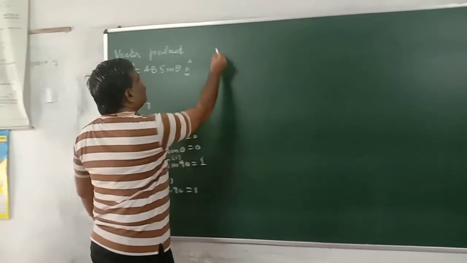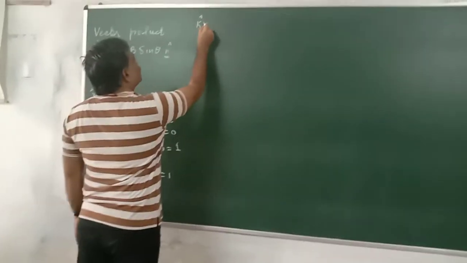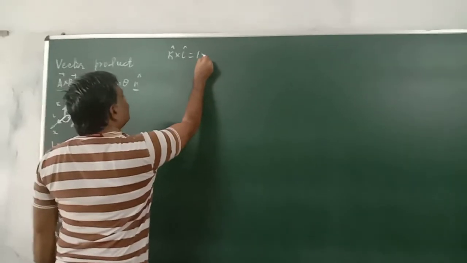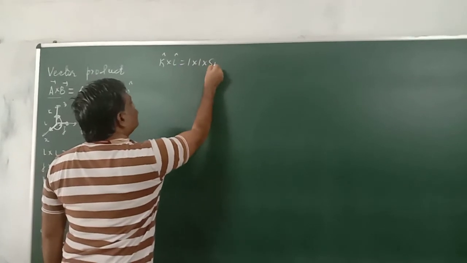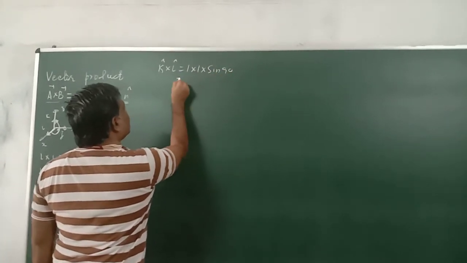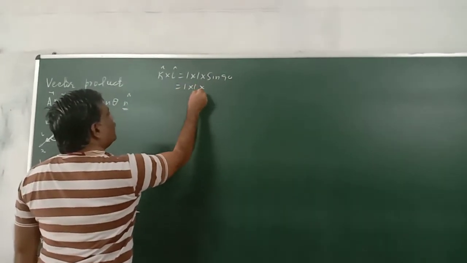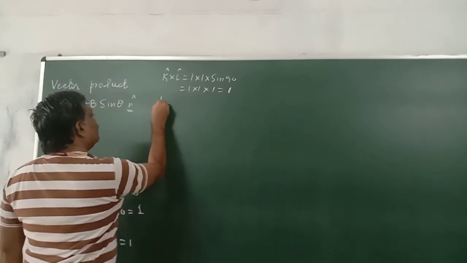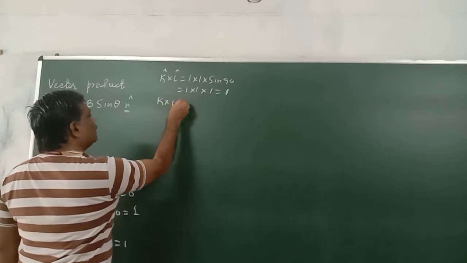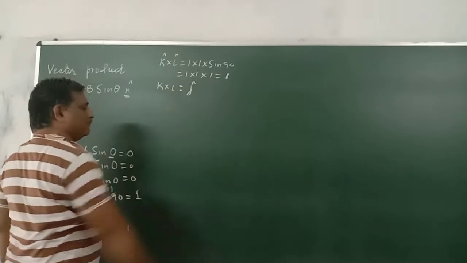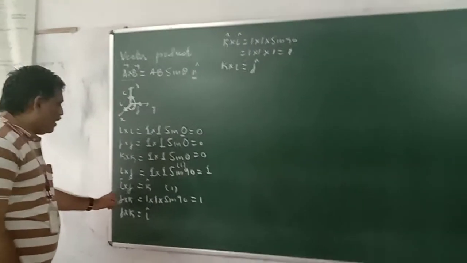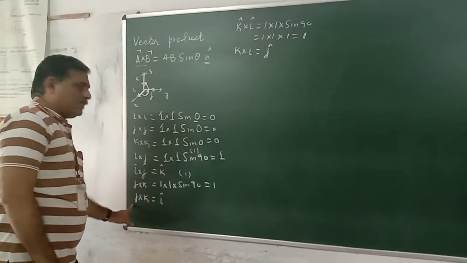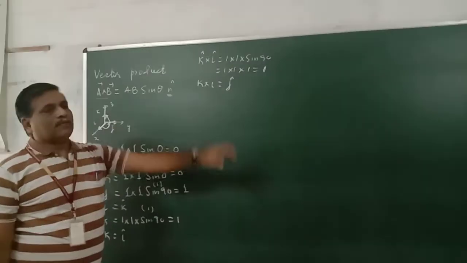In a similar manner, k cross i is equal to 1 into sine 90, again 1 into 1, which is equal to 1. But k to i gives plus j. So it is cyclic: i cross j is k, j cross k is i, k cross i is j.